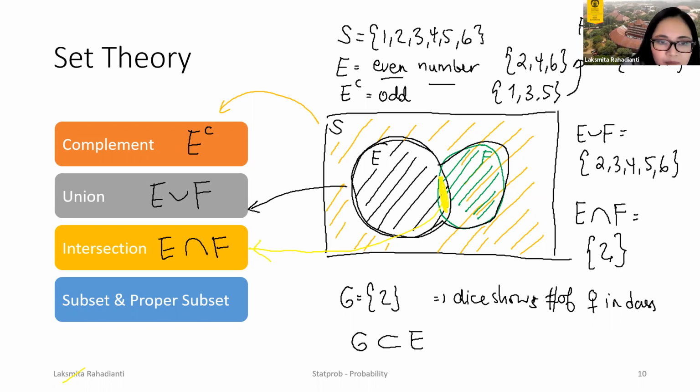Like, for example, this is my G, that's my G. And I can say that G is a subset of E. Have any of you seen this symbol before? That one. What's the difference between this symbol and that symbol? This is what we're going to look at when we're talking about subsets and proper subsets.